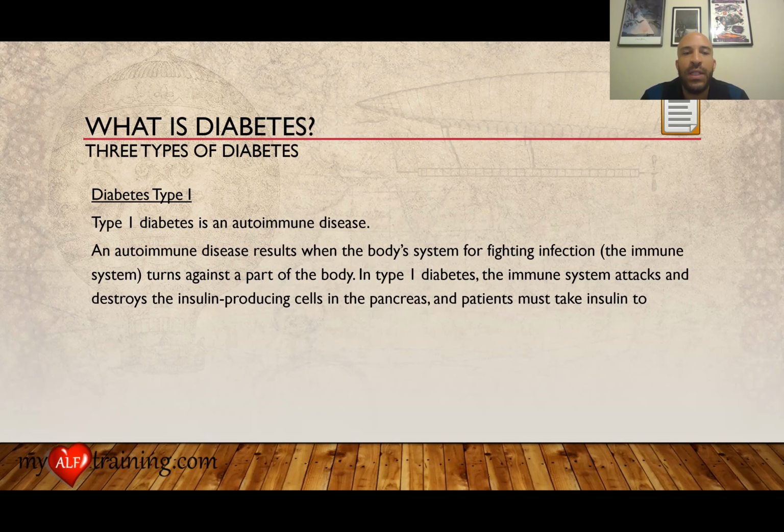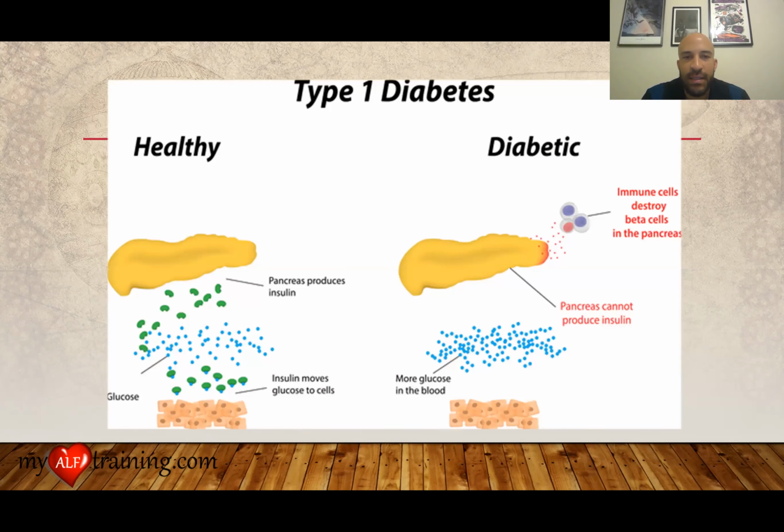So the immune system is helping to fight against an infection, and it turns against the body because it's just trying to annihilate this infection, that it just starts attacking the body. And what happens when this occurs is the insulin producing cells in the pancreas are then killed. And then that is why the patient must start taking insulin.